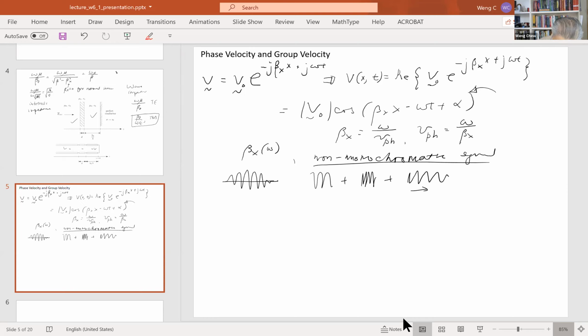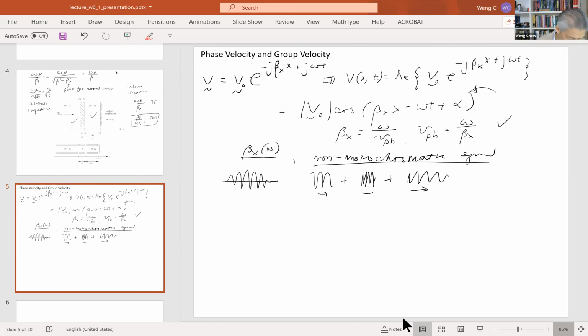And each of the Fourier components of this wave packet will travel with a different phase velocity if beta x is a function of frequency. That makes the traveling of this wave packet kind of bizarre, and you cannot describe it with just the phase velocity. You have to use the concept of group velocity to describe the propagation of the wave packet.